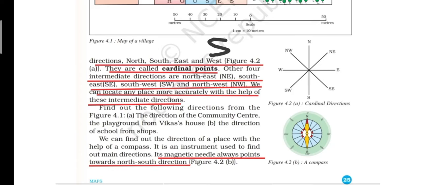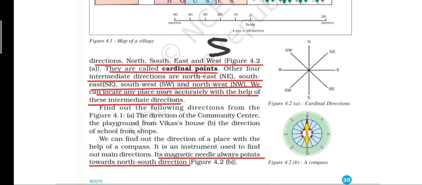Now even the sailors who go on a voyage on ships, children, they use a compass when they get lost in the sea to find out their direction. Whenever they take out the compass, it will show them the north and south direction. So when they know where north and south are, they easily find out where east and west lie.